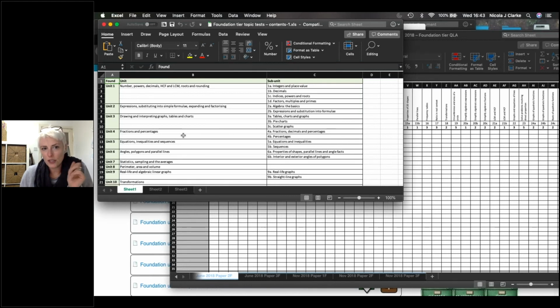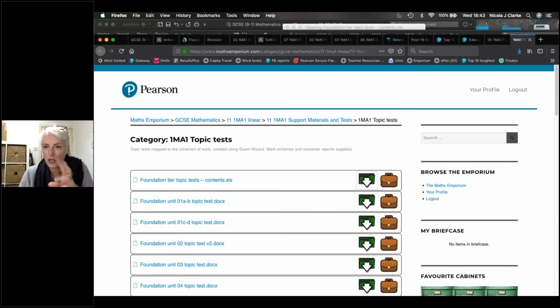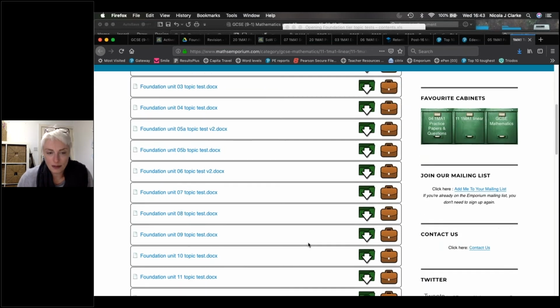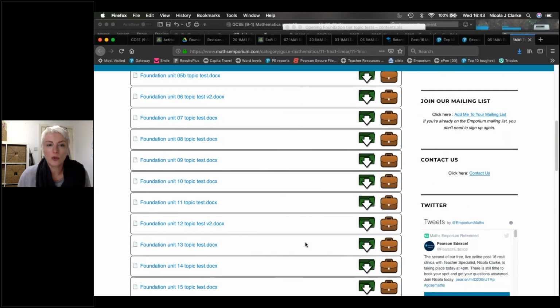If you've done fractions and percentages, we'll just go to unit 4. There'll be a topic test, which saves you time, saves you even creating them in Exam Wizard. Somebody's already done that for you. And they're specific to levels; higher are available, but the general thrust here is for foundation.